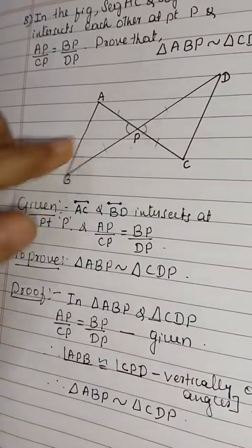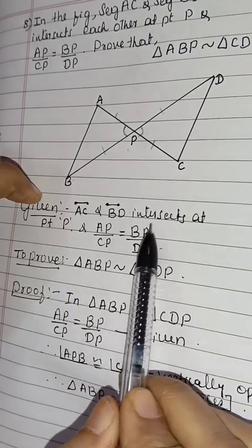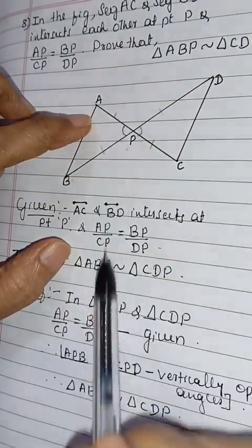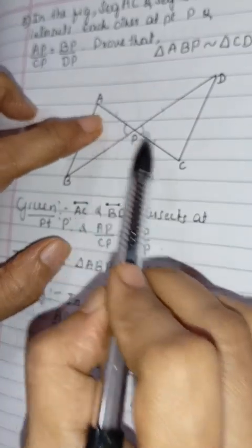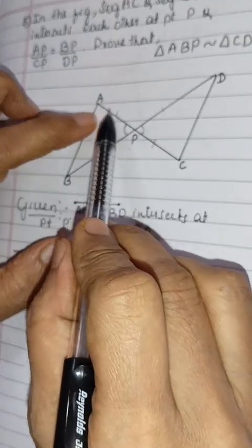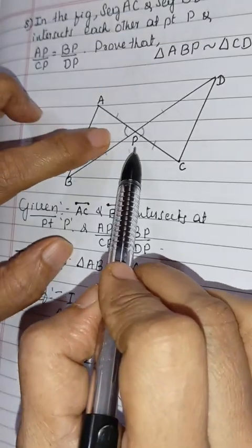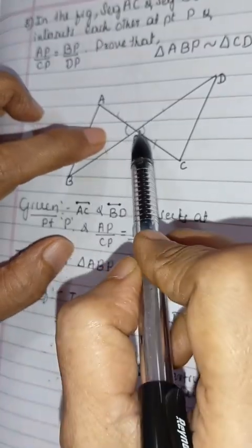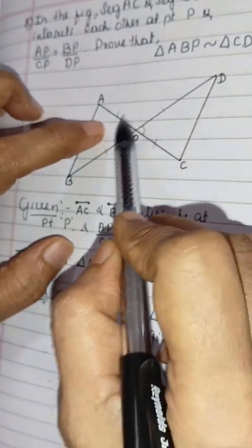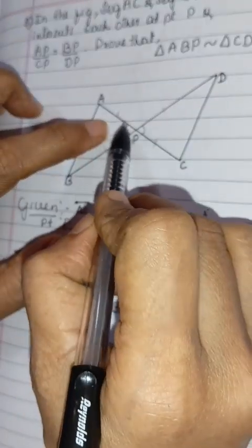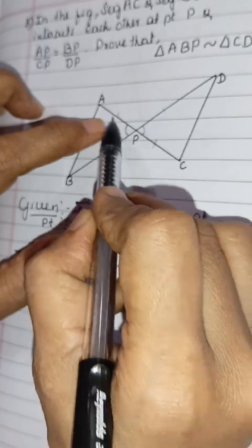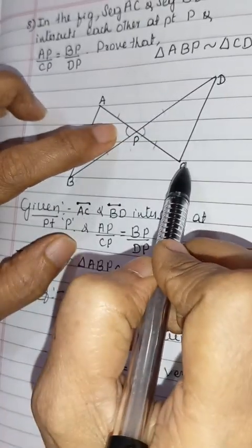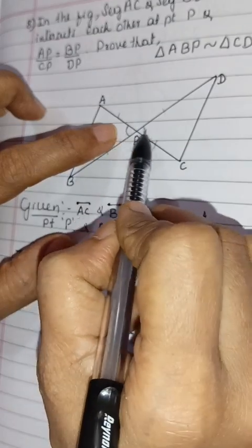Only in this you have to prove, given it is, you have to write to prove. The proof is: the corresponding side of AP is in the same ratio of PC, and BP is corresponding with PD. This is already given. You have to prove that one angle, this is the side angle side test, so you have to prove that this angle APB is congruent with angle CPD because they are opposite angles.